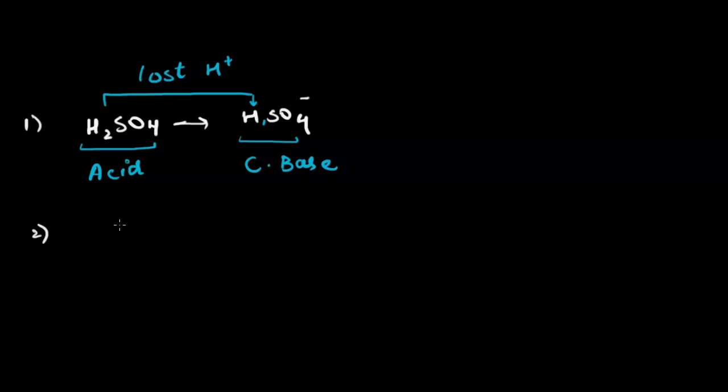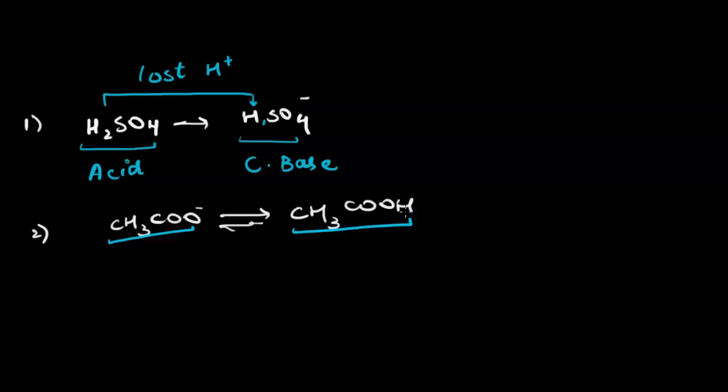Let's take up another example. If we had CH3COO negative giving us CH3COOH, again we have to look for the H positive ion. We see here this one is short of H positive and this one has an extra H. That means the one that has an extra H is going to be an acid, and the one that is short of H is going to be a base.